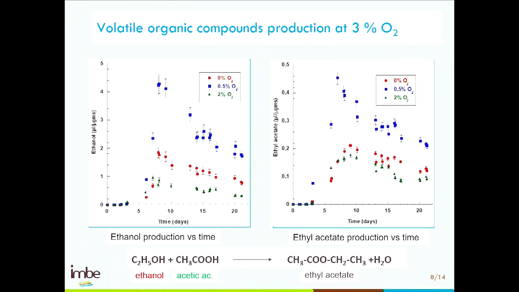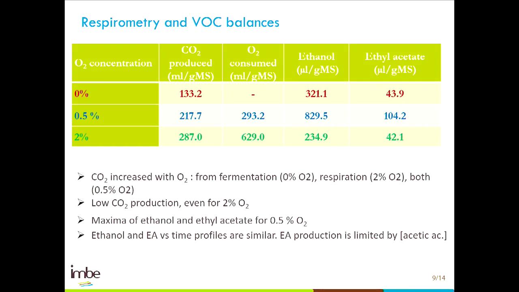More ethanol with intermediate conditions, then here from 0.0%, and the least with no limitation of oxygen. The same pattern is observed for ethyl acetate. This is the balance of respirometry and VOC.